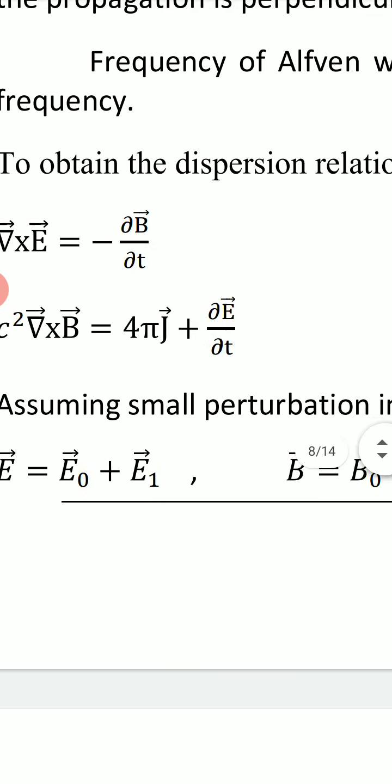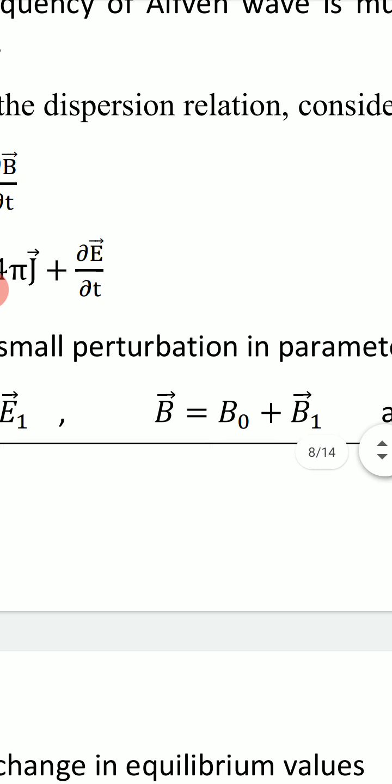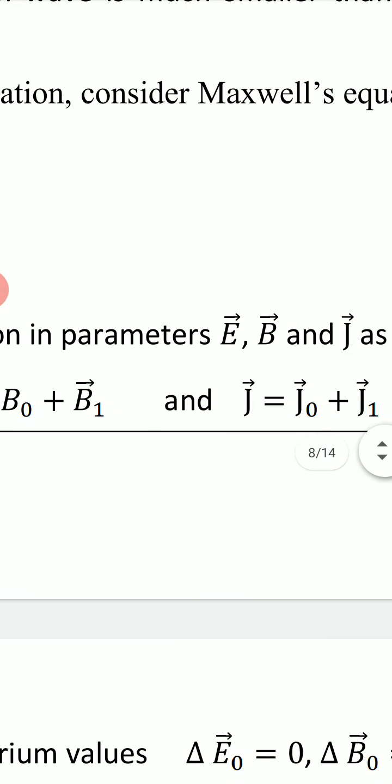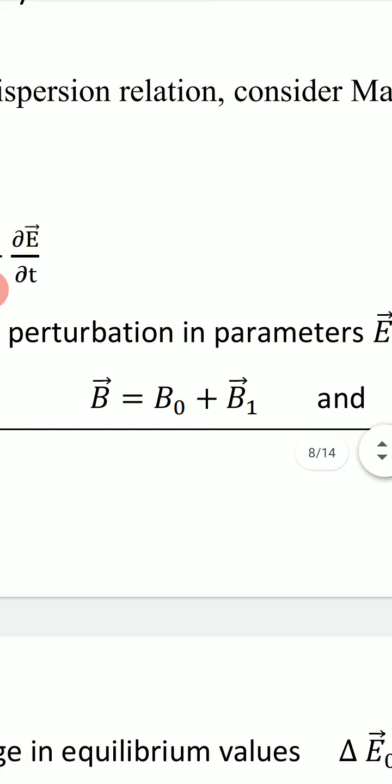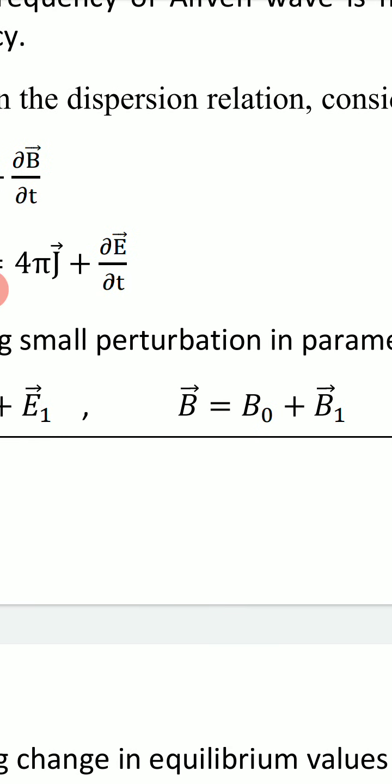To obtain the dispersion relation, consider Maxwell's equations. Dispersion relation is the relation between angular frequency omega and wave number k.